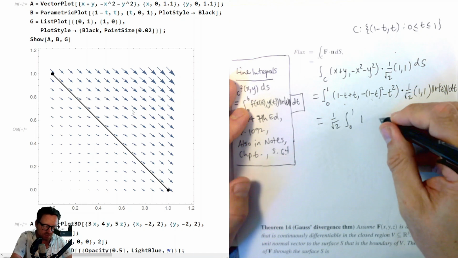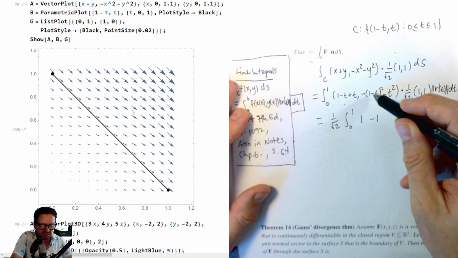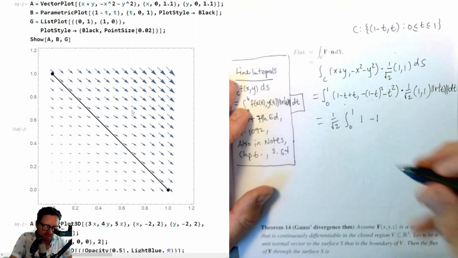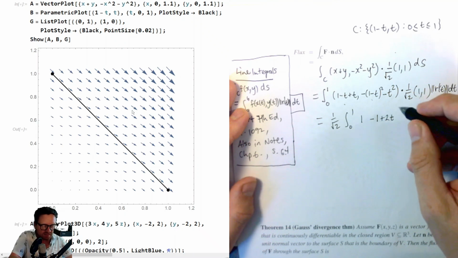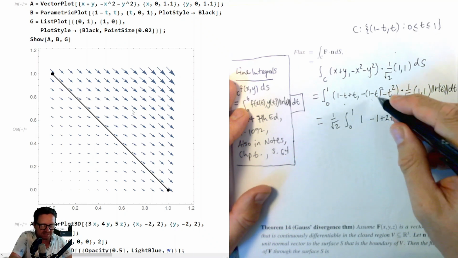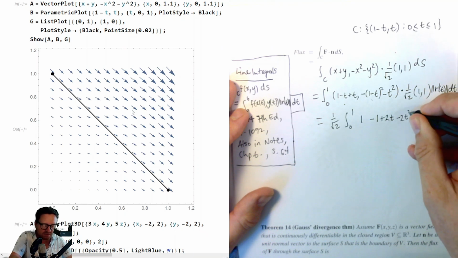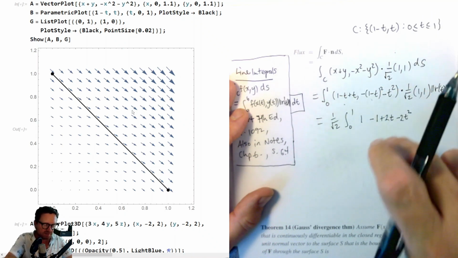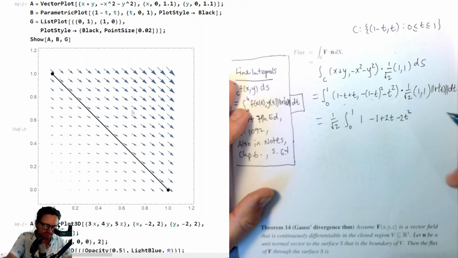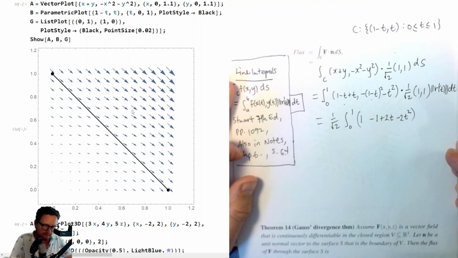In the expansion, we've got minus 1, and then minus 2t, but then multiplied by minus 1. So that's plus 2t. And then minus t squared, but then there's another minus t squared, so minus 2t squared. Okay, so that's the expansion of that times 1 gives us this. And then the norm of r dash was just root 2.